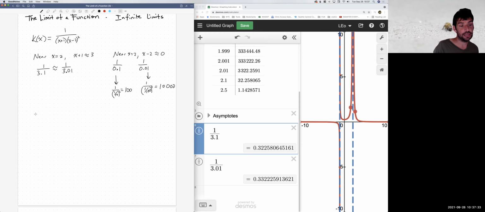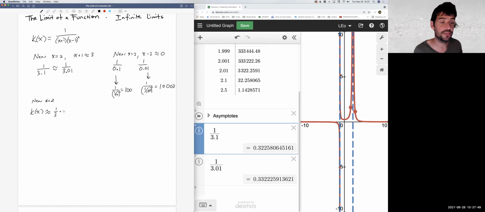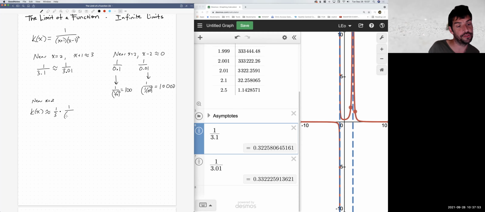So k of x near x equals 2 is approximately 1/3 times this other factor, 1 over x minus 2 squared, right? This one doesn't change much. It's always about 1/3. This one does all the work.